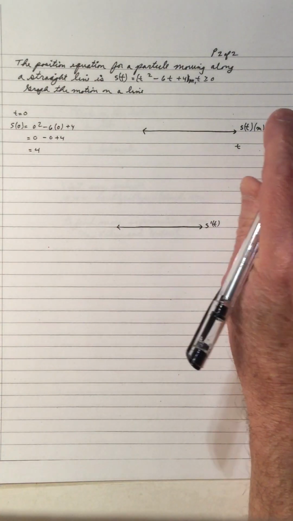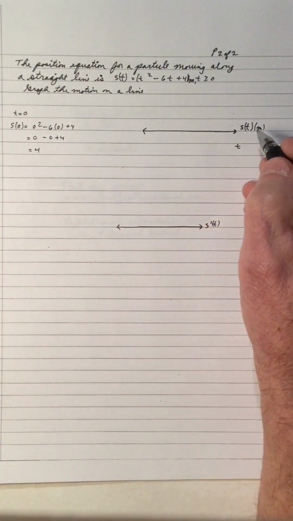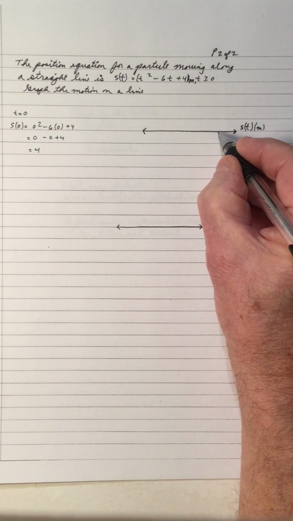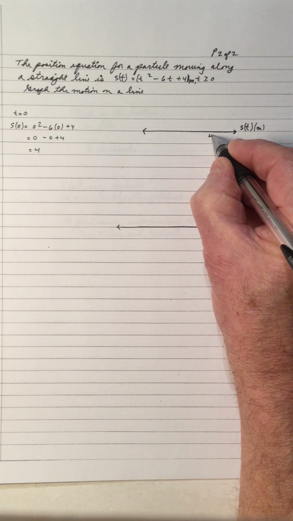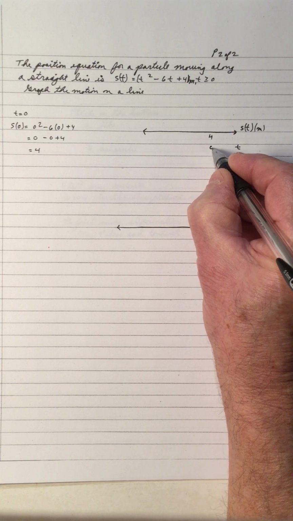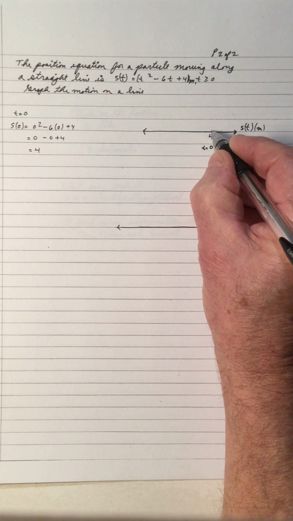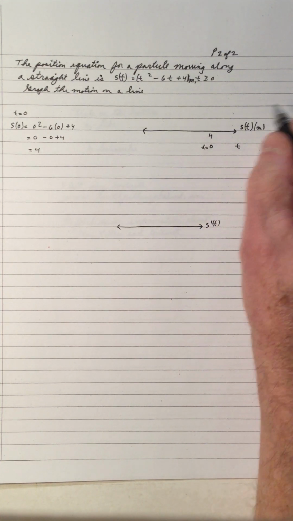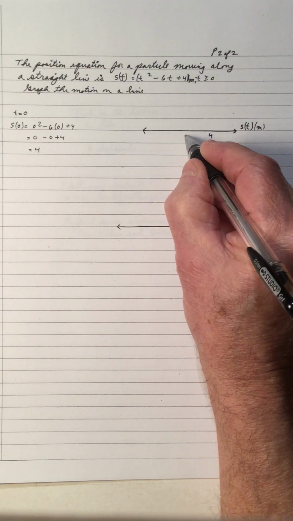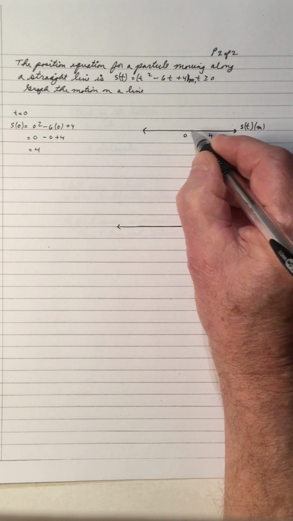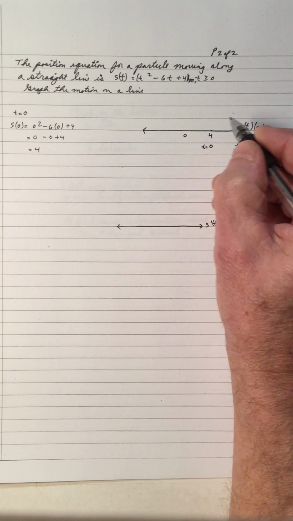That means that when the time is 0 seconds, the object is starting at 4. Let's put a 4 right here, and a 0 for time. The object is starting at 4 meters from 0, so it's starting right here.